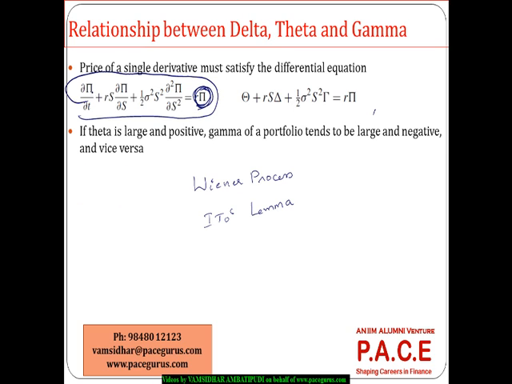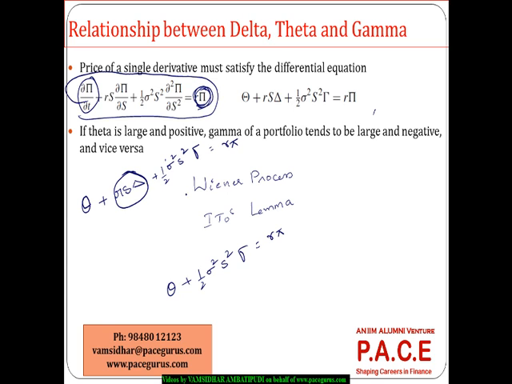Now if you see, this is nothing but theta. The rS times this is nothing but delta. Half sigma squared S squared, this is nothing but gamma, equal to rΦ. So if the portfolio is a delta neutral portfolio, delta will be 0, which means I will be getting theta plus half sigma squared S squared gamma equal to rΦ.